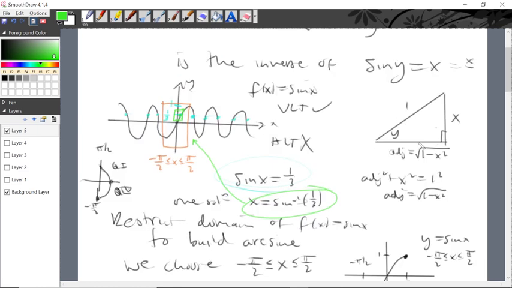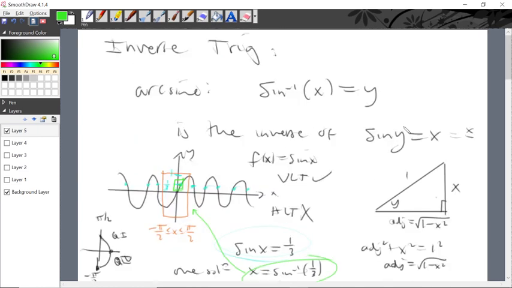Within right triangular trigonometry, when we say we're solving y is equal to the arc sine of x, we're thinking of that as the inverse of the situation where the sine of y is equal to x, an equation where y, the input, was an acute angle within our right triangle here.